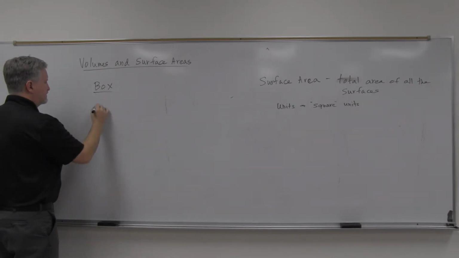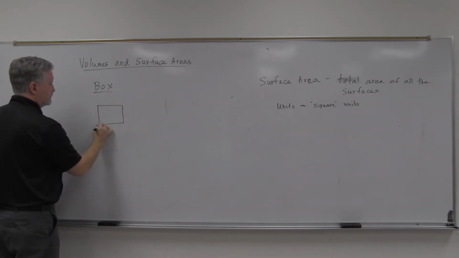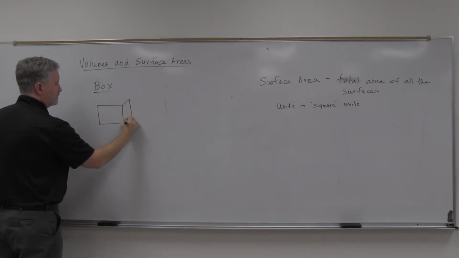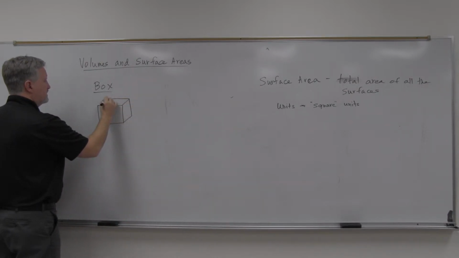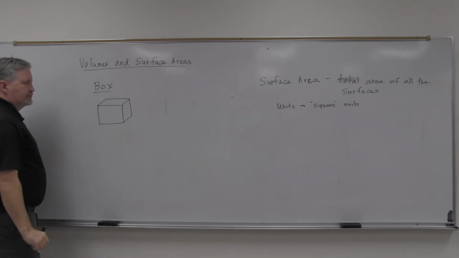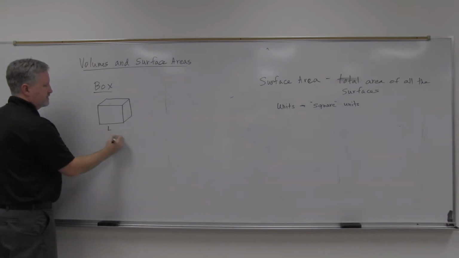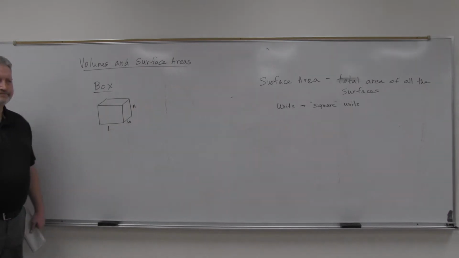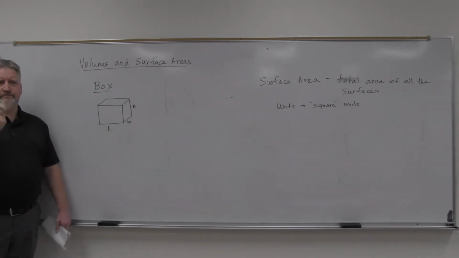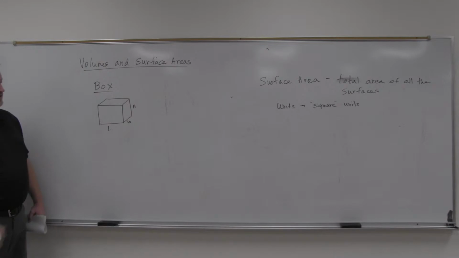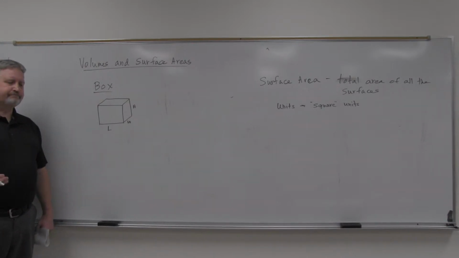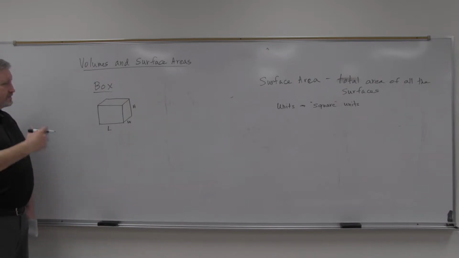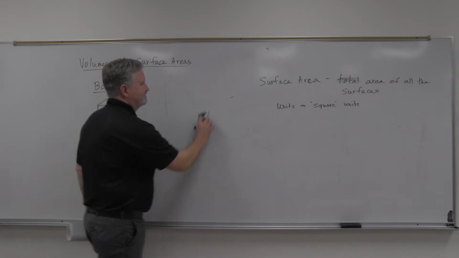So in a box you've got three different dimensions. You've got a length, a width, and a height. I'll use capital letters here. And so we're going to come up with the formulas. You may already know them, but volume and surface area. Start with the volume.